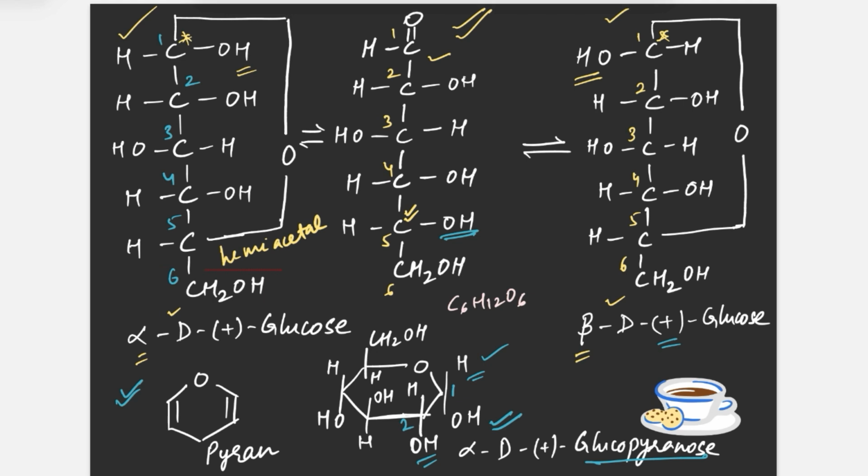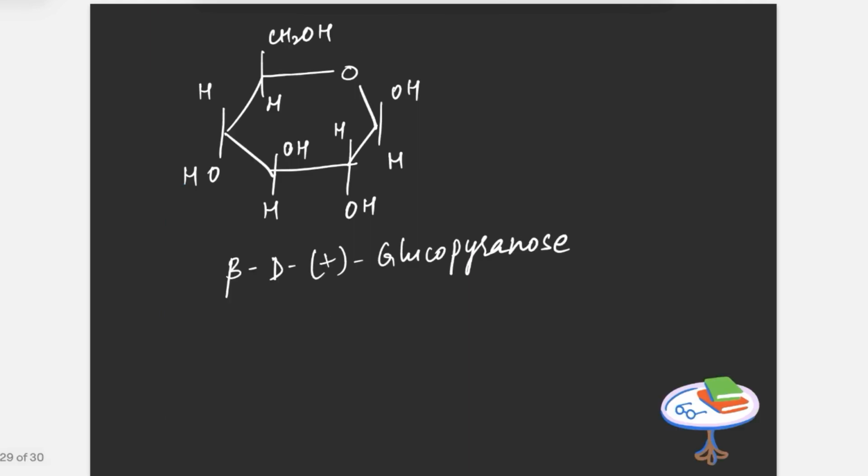So, this is the structure of alpha D glucopyranose, and this is the structure of beta D glucopyranose. As you can see, this is the first carbon, this is second, third, fourth, fifth and sixth. In this case, the OH group on the first carbon is on the left hand side, so the OH group is written above the plane of the ring and hydrogen is written below the plane of the ring.